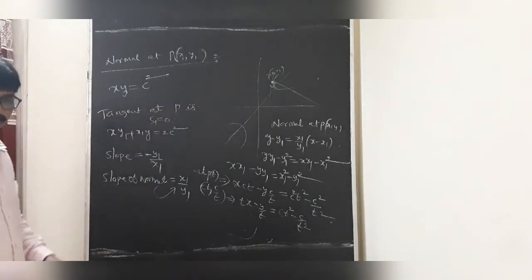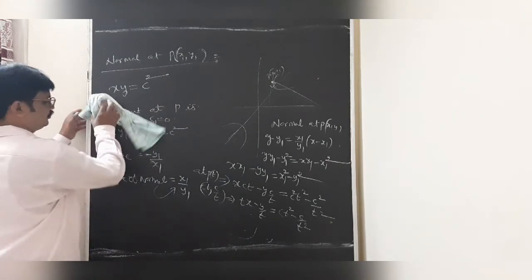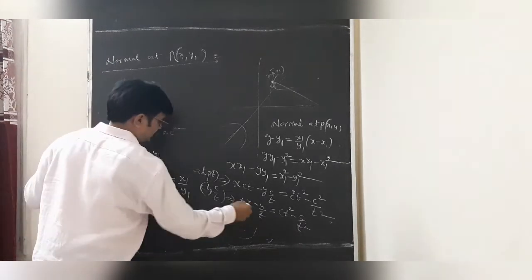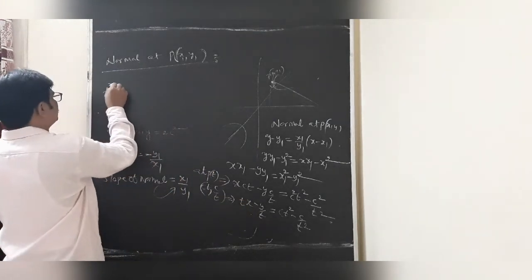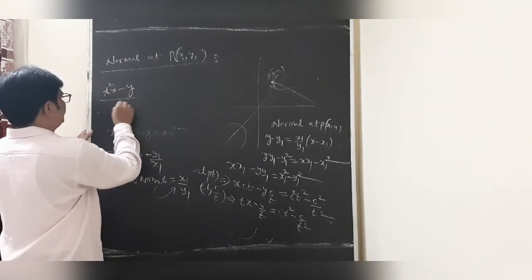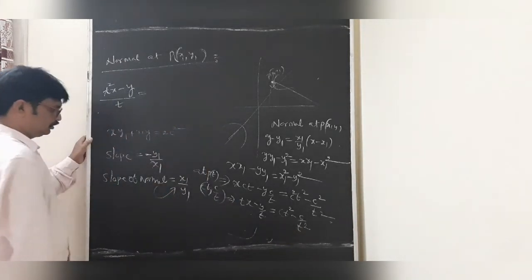So dear students, now we are taking the LCM. So when we are taking the LCM, this is t square x minus y upon t. Now the LCM is t square.